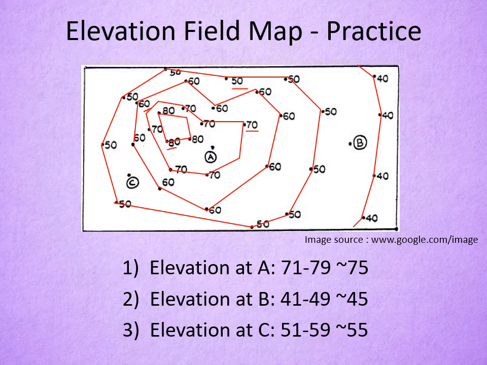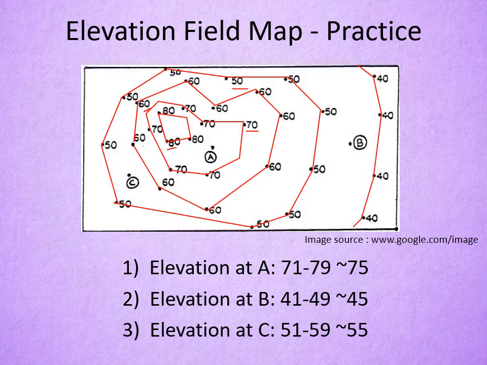Now, if someone asks you to determine the value of A, B, or C, which lies in between two successive contour lines: here you can see that point C is in the middle between contour line 50 and contour line 60.